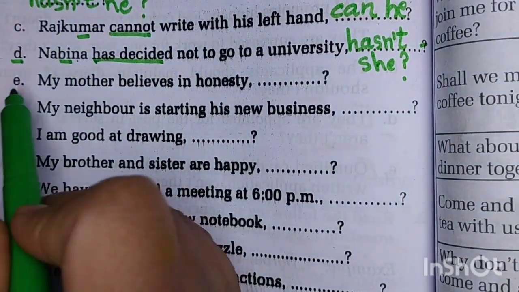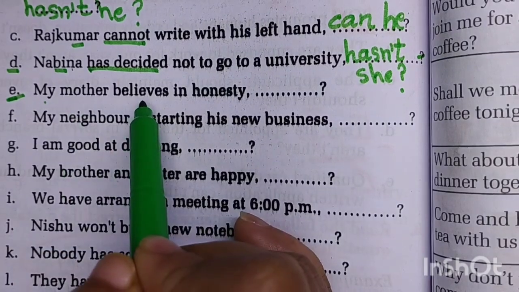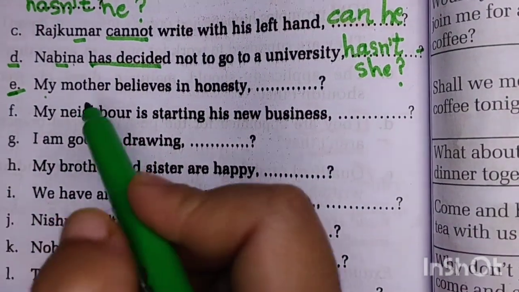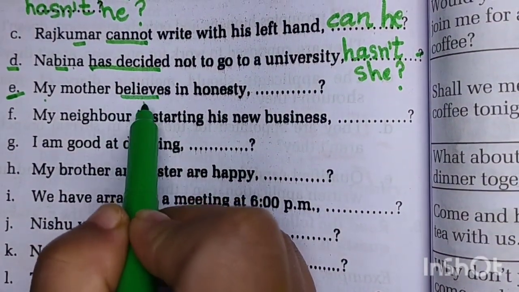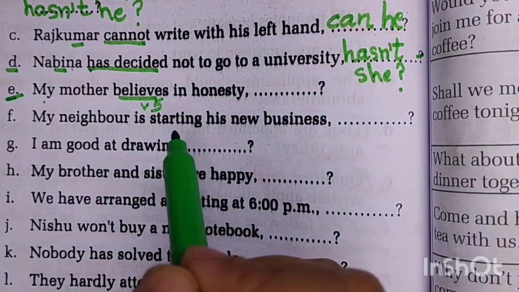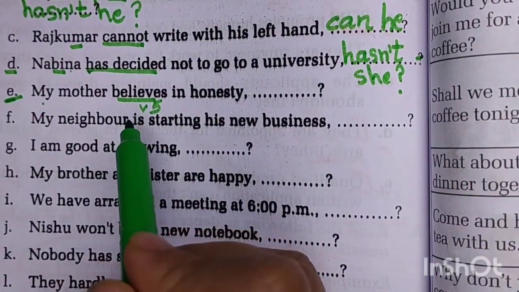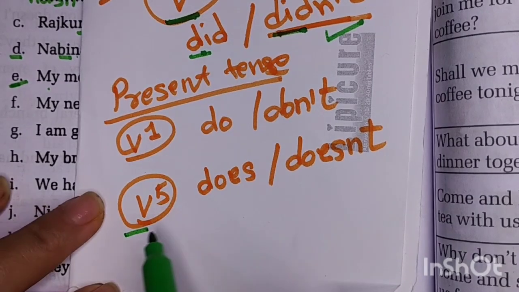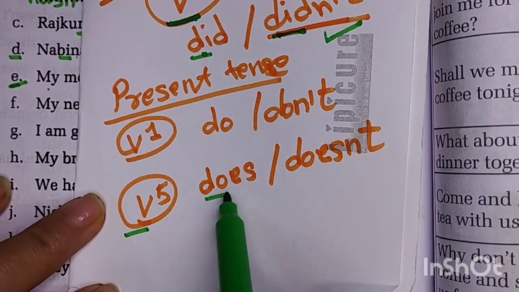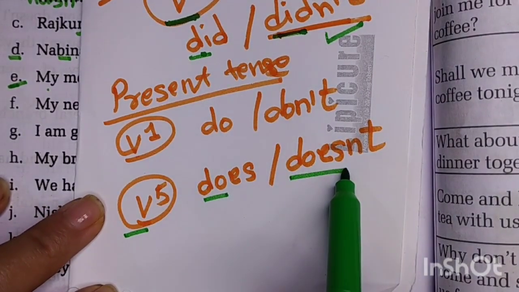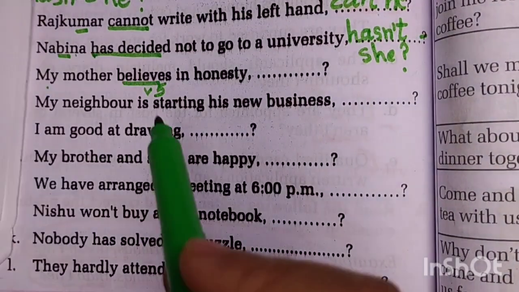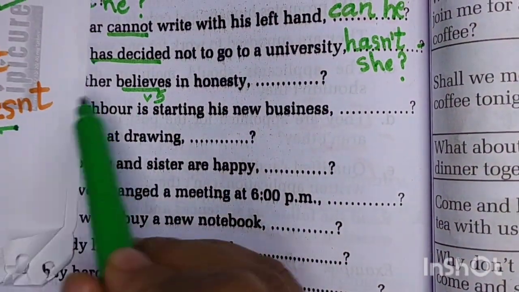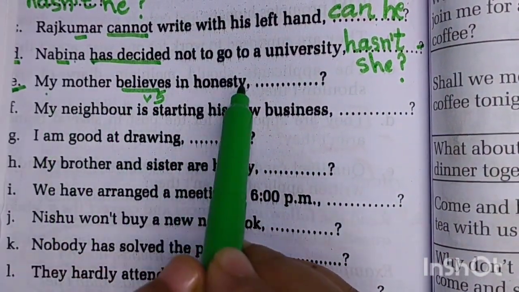Question E. My mother believes in honesty. So believes, this is verb 5, present tense. Look at this. Verb 5 either takes does or doesn't. So now we need negative because this is a positive statement.